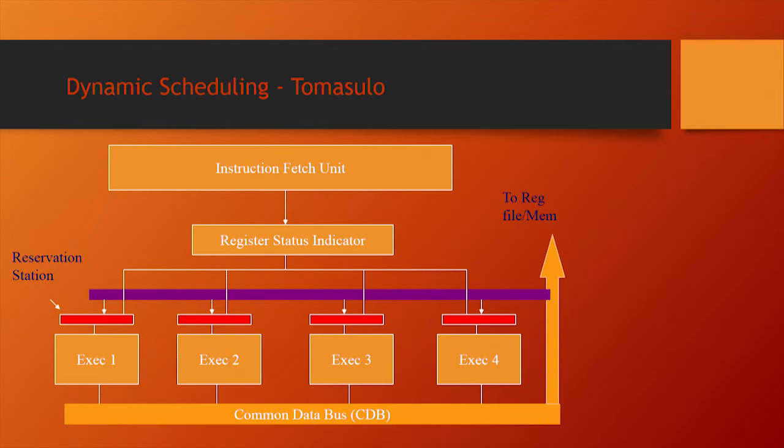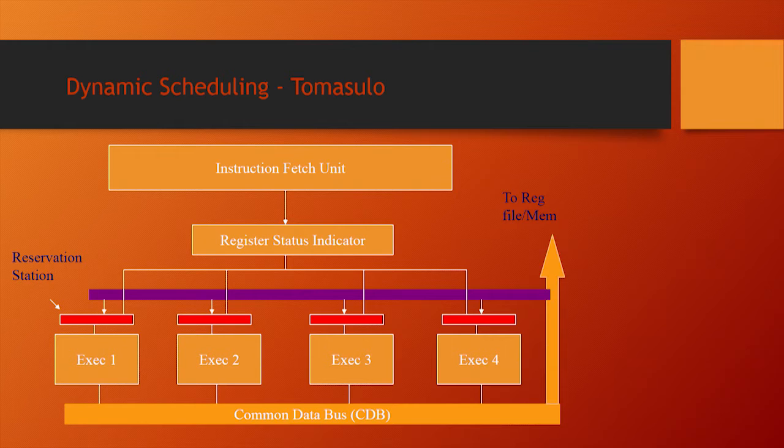at execution unit 1. After that, the result is written on the common data bus, which goes to the register file or memory, wherever the destination is, and the values are also fed back into this execution unit. Immediately they are fed back, before it actually goes to the memory unit or register file. The answer is fed back to all of these.